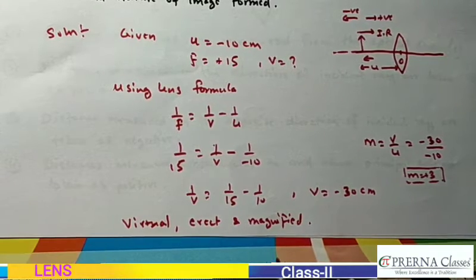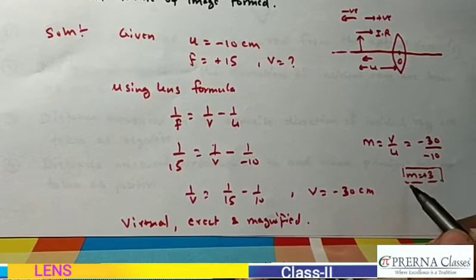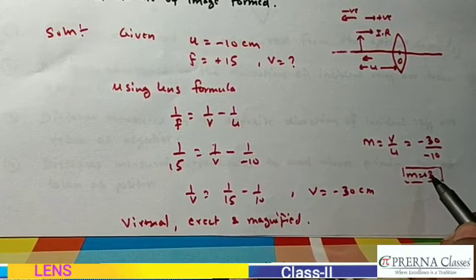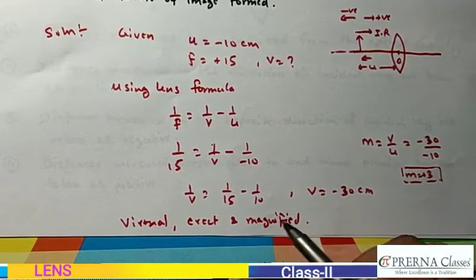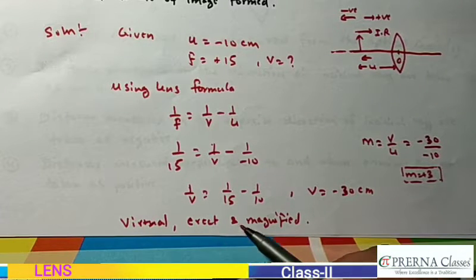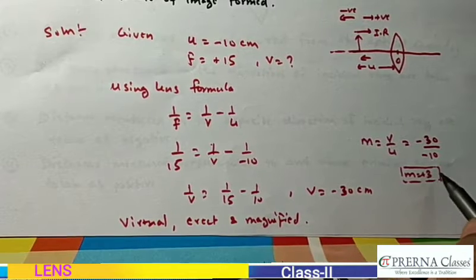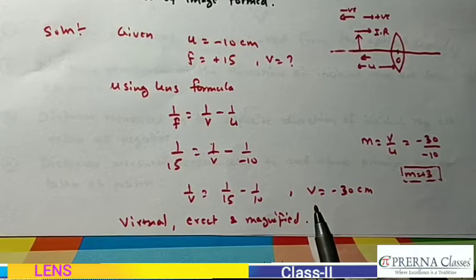Okay, that means the image formed is erect. If magnification comes out to be positive, that means the image formed is erect. Erect or upright भी कहते हैं इसको, है ना. And magnification is 3, that means the image formed is magnified.